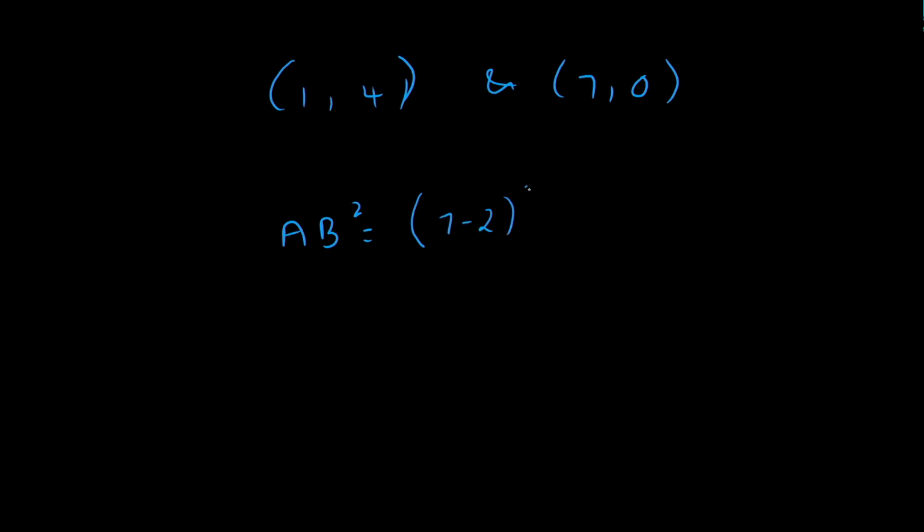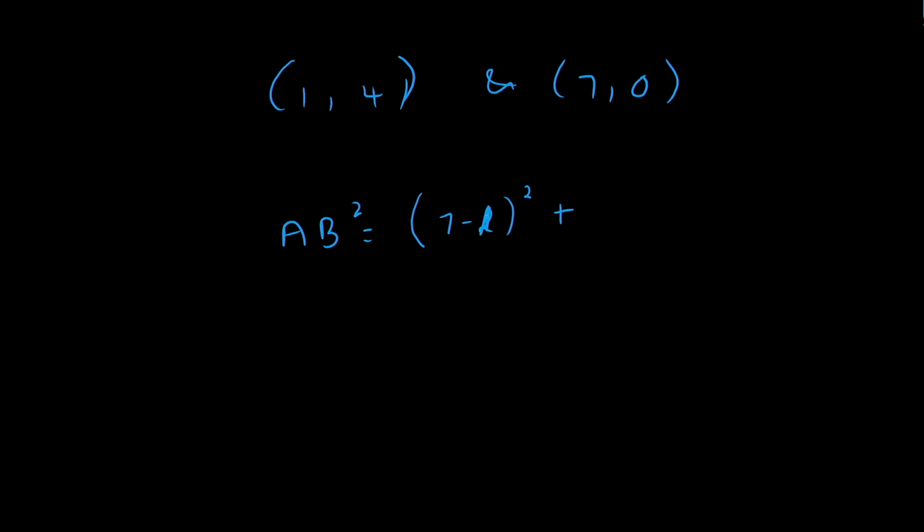All right, so the length of AB, so again, we're looking at 1 and 4, and 7 and 0. So the length would be x2 minus x1 squared plus y2 minus y1 squared.